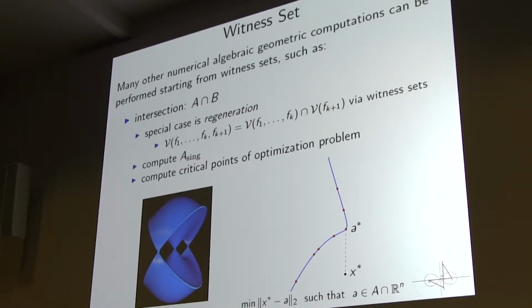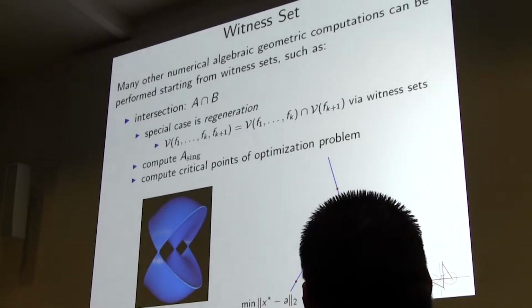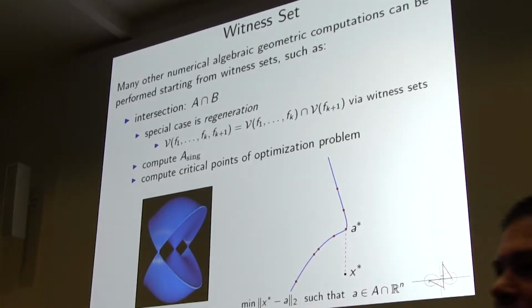So here's a picture of minimizing the distance from this point to the twisted cubic. There's lots of critical points of the distance function, and then you can find the global minimum. And the nice thing is that Seidenberg realized this in the 50s. This is a nice way to get real points.